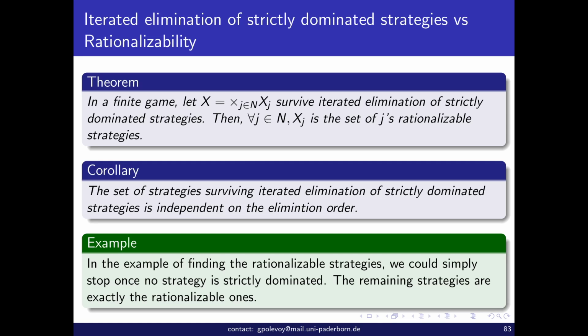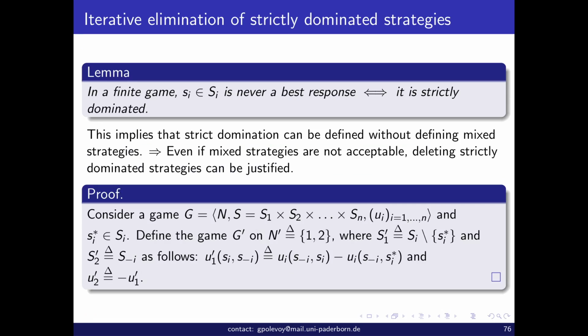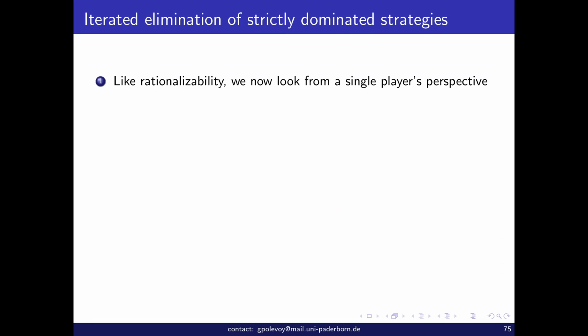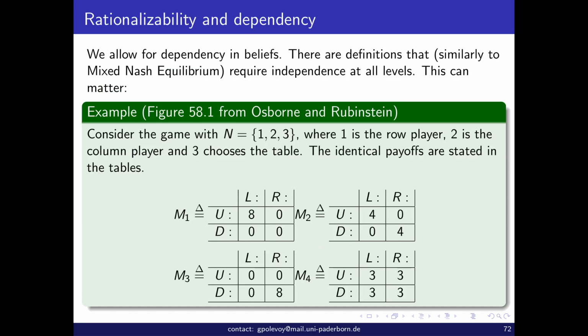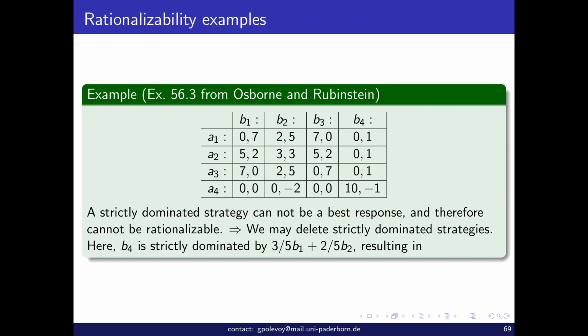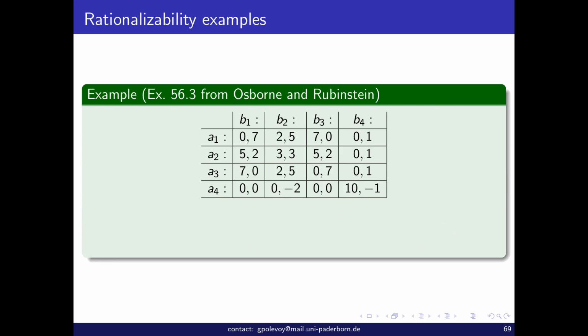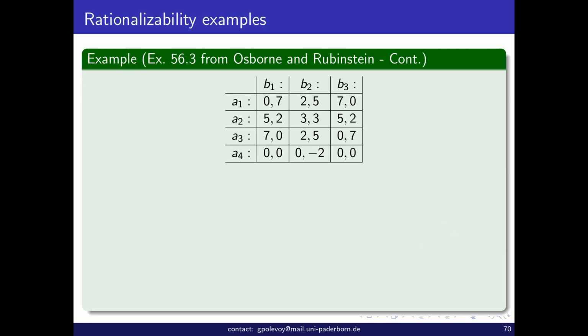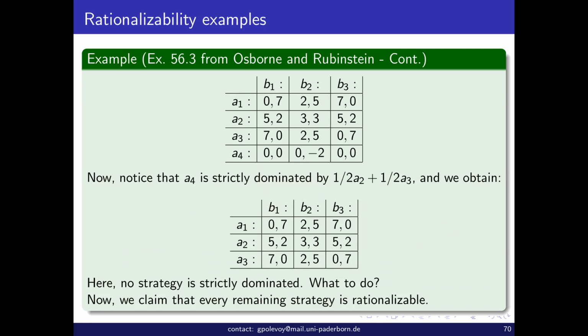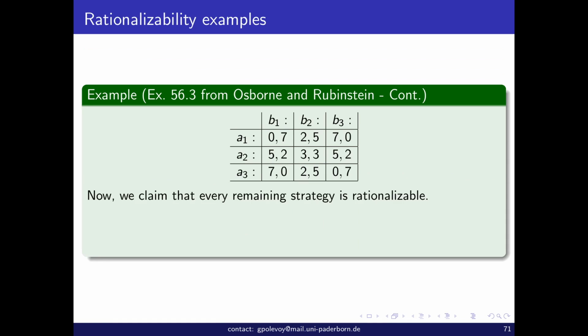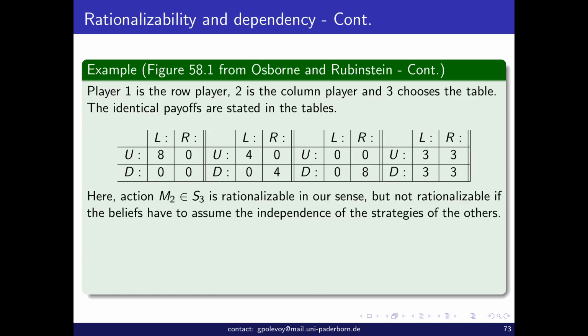But this proves that it's enough just to stop when there are no more strictly dominated strategies. I remind you that was the example. We deleted strictly dominated strategies till no strategy was strictly dominated, and then we concretely proved that by definition the rest are rationalizable. But that's always the case.